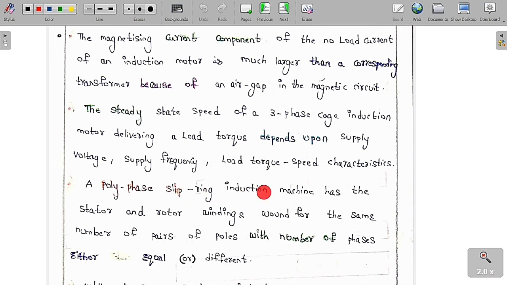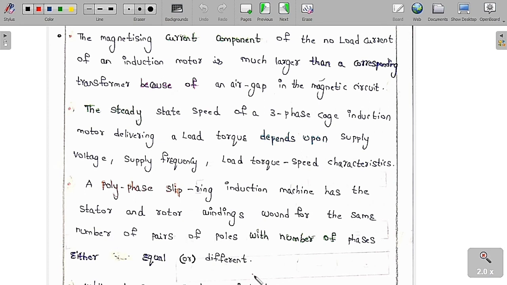So the number of poles should always be the same on the stator and the rotor, whereas the number of phases can be either the same or different. Finally, I can say that the number of poles in the stator should always be equal to the number of poles in the rotor.